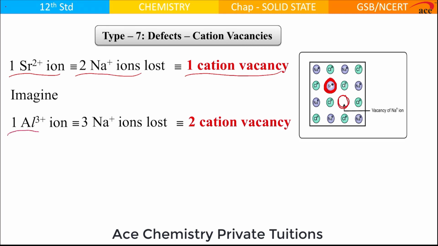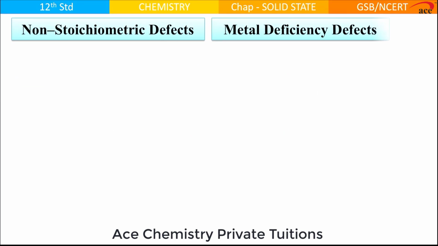So, one aluminium ion will create 2 cation vacancies. But why the word imagine? Because this is a hypothetical example. The real examples are with only divalent ion, not with trivalent ions. So, this is imagination. So, one aluminium ion will remove 3 sodium ions and will create 2 cation vacancy. Using this, we will be solving various numericals.